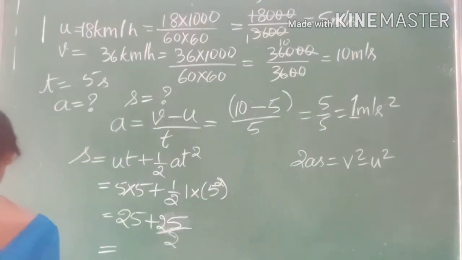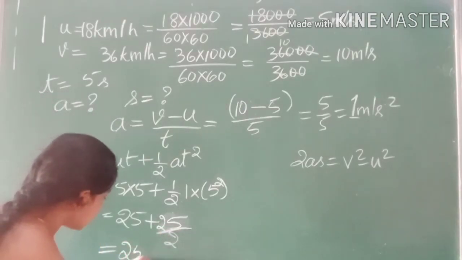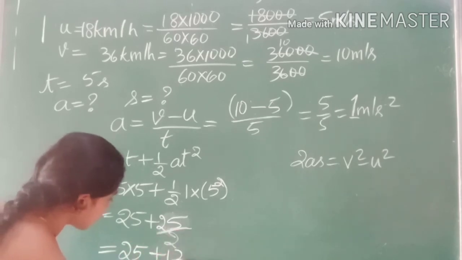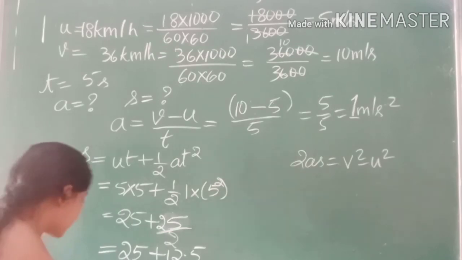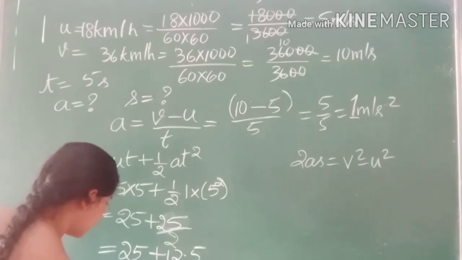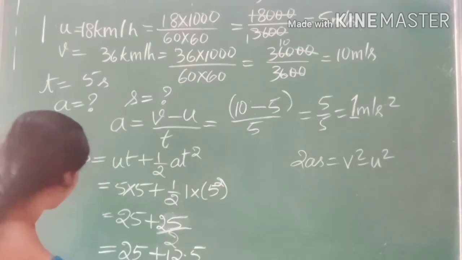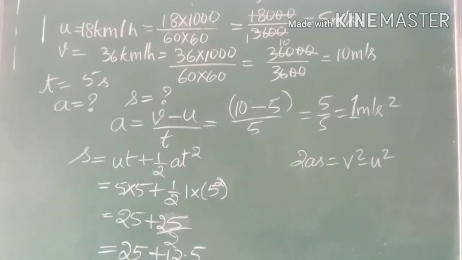So the answer is 25 plus half of 25, which is 12.5. So the answer is 37.5 meter. 37.5 meter is the distance.